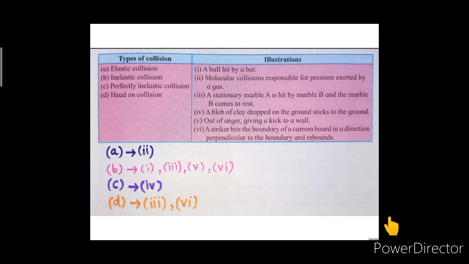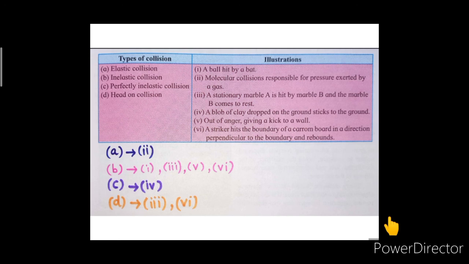So here, example number 3, the stationary marble A is hit by a marble B and the marble B comes to rest. Over here we can consider that the centers of both marble A and B lie in the same line, hence such a collision is said to be the head-on collision. Similarly, example number 6, a striker hits the boundary of a carom board in a direction perpendicular to the boundary and it rebounds.